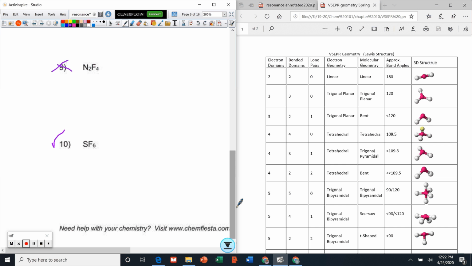So looking at 10, notice that there are 6 fluorines here. This is one of the exceptions to the rule. This is going to have what's called an expanded octet. All right.